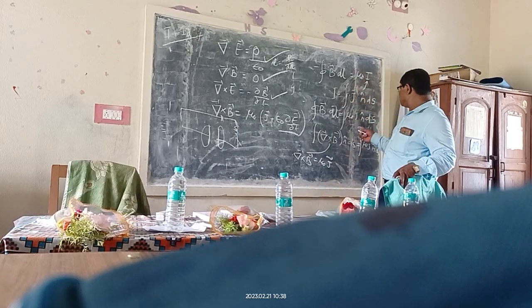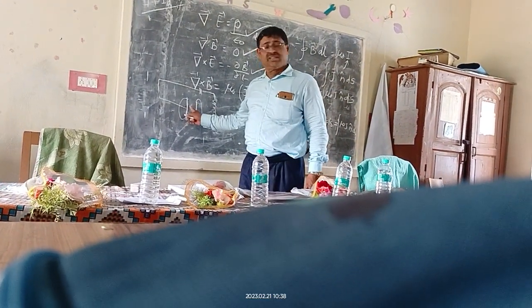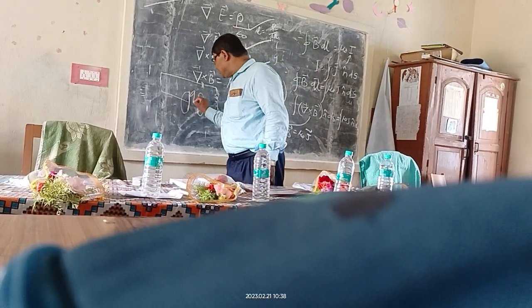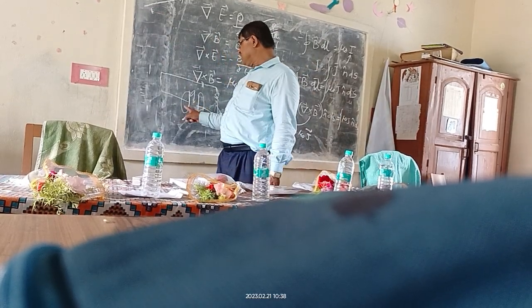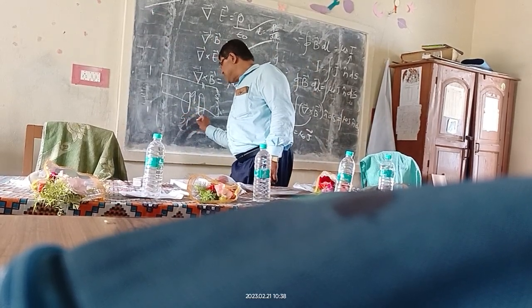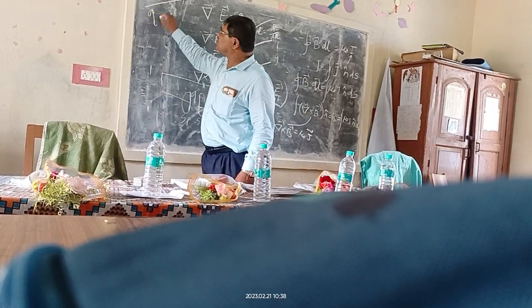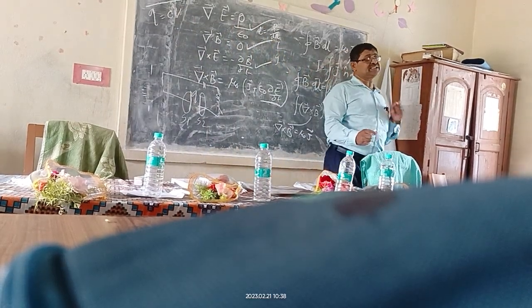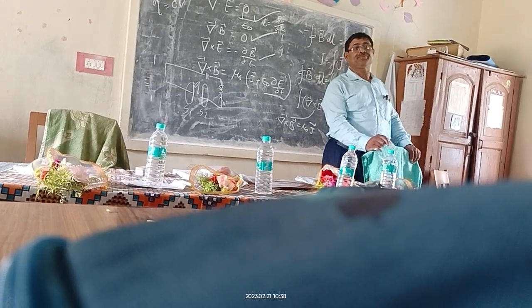And where does this displacement current come from? Now, if it is a capacitor, then it will store some amount of charge. Let it hold charge Q, and the potential difference between these two surfaces S1 and S2, or between the plates, is V. Then charge Q should be CV, where C is the capacitance and V is the potential difference between the plates.